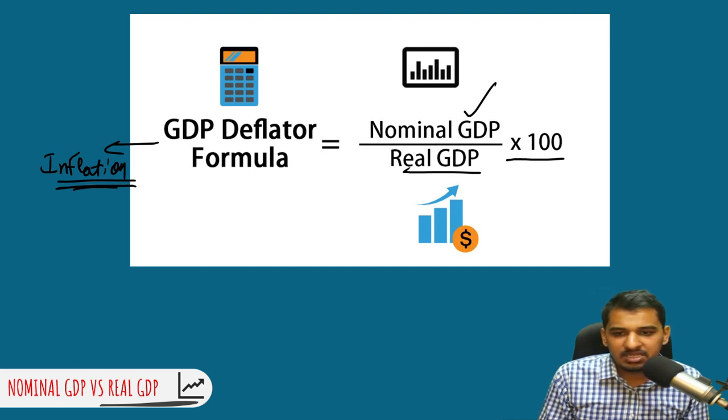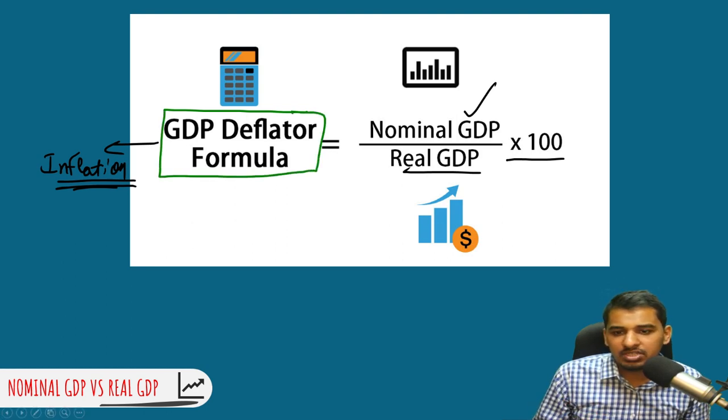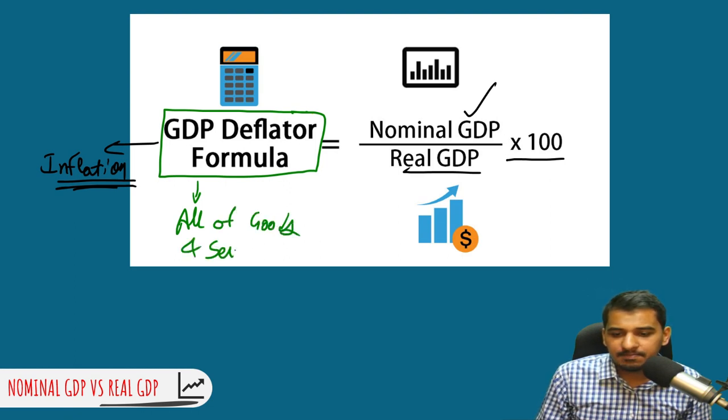And just remember this: in case of GDP deflator, it will use all the GDP, that is, all of the goods and services. There is no basket of goods and services.